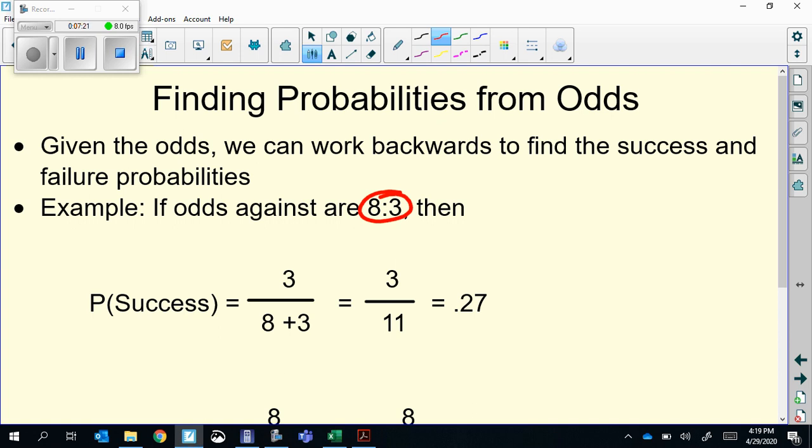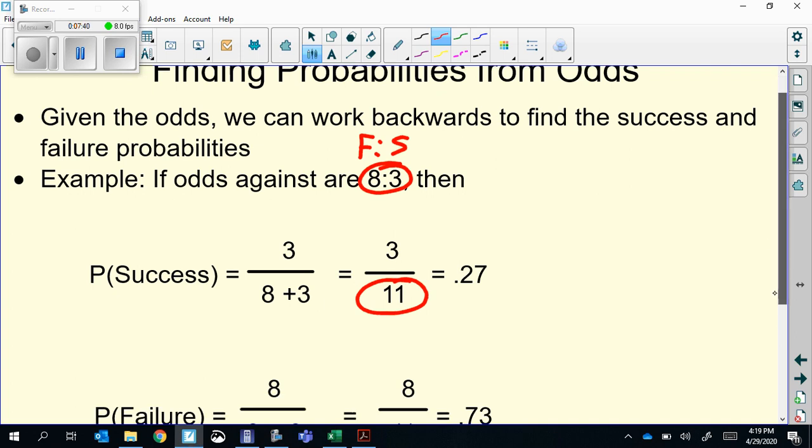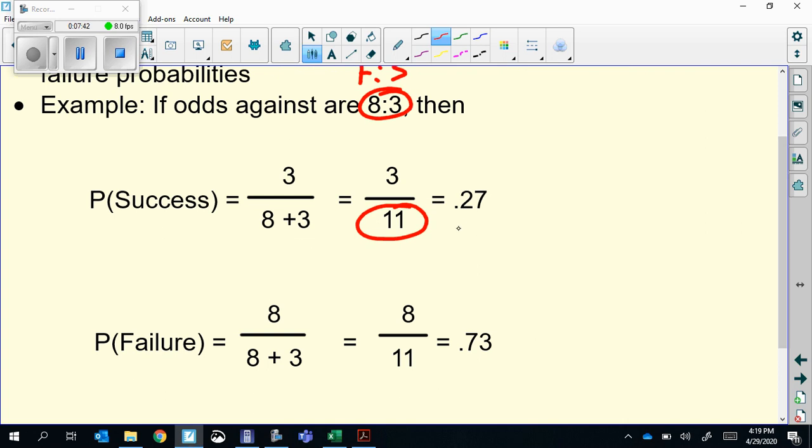So 8 plus 3 for the denominator gives us our total possibilities. And then odds against, remember, that's failure over success. So for the probability of a success, we would take the 3, and then the denominator is just adding those two numbers together. And then from your calculator, you get that that's 0.27.